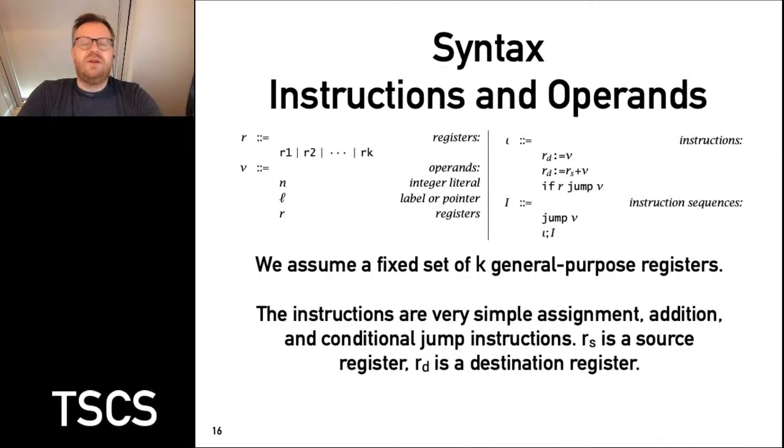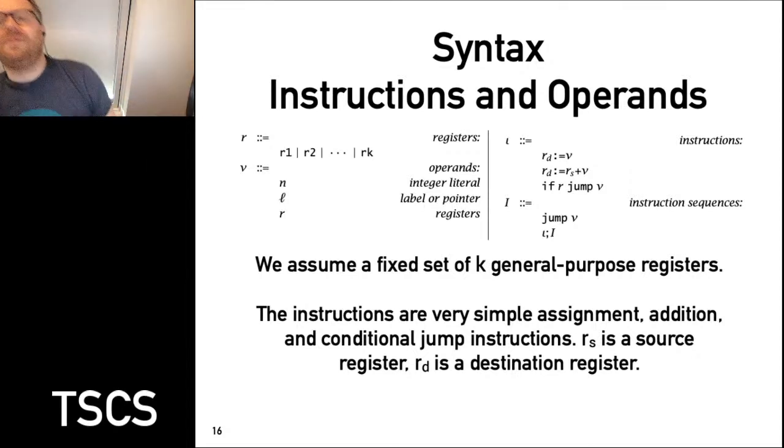And then you have an if construct that says, okay, for some register R, you can only use registers as the condition for the if, then you jump to a value v. And again, values can be labels, integers, or registers. So we see some opportunity for type checking here already.